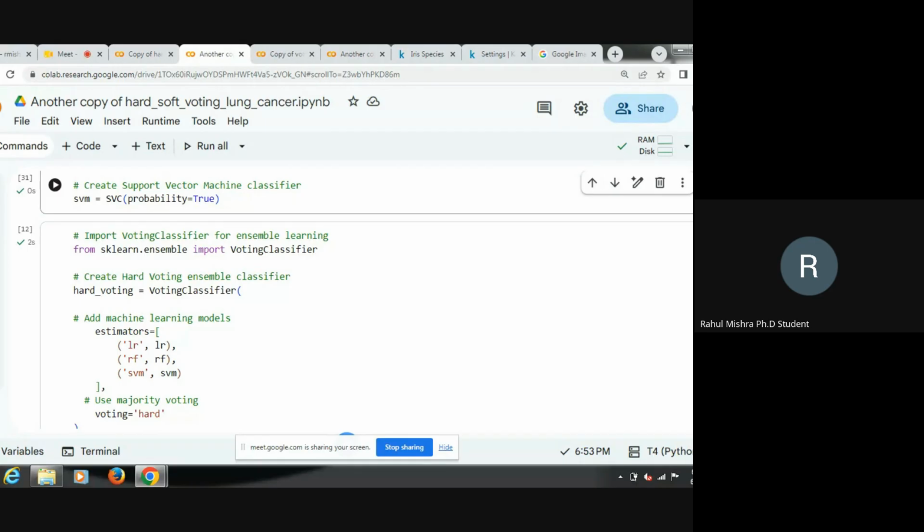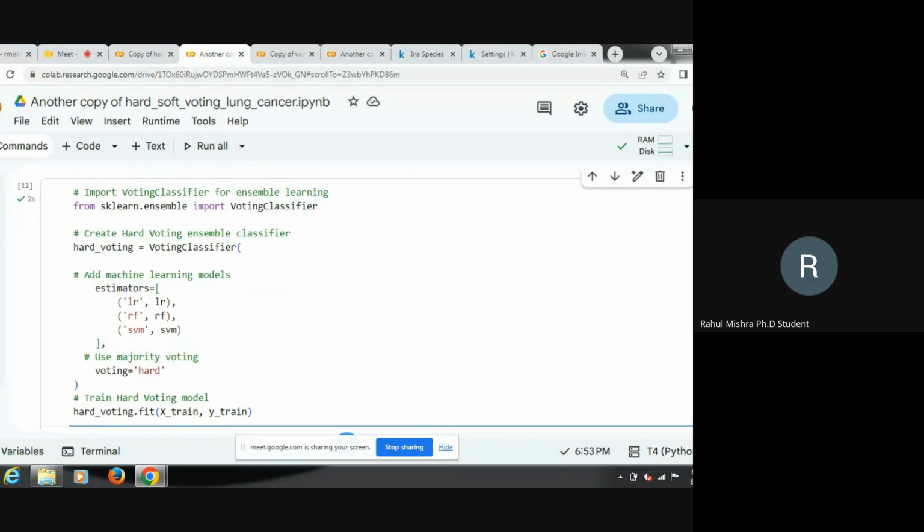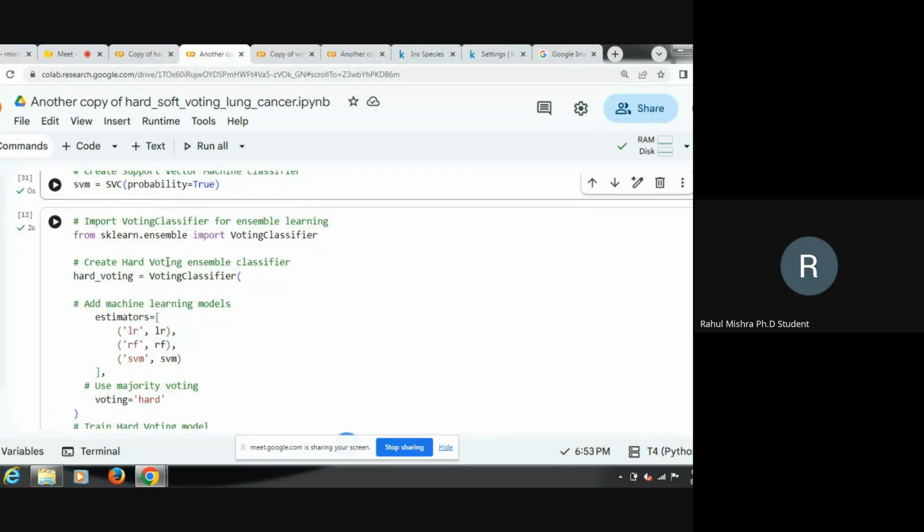Hard voting is very simple, as already explained: the majority of the models that give the vote is preferred. So we are creating a hard voting ensemble classifier, using estimators with the objects LR, RF, and SVM for each model. And here voting is equal to hard, so this will give us the result related to hard voting.